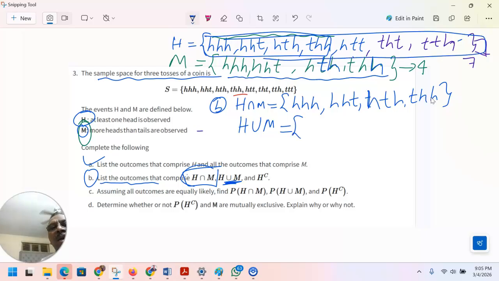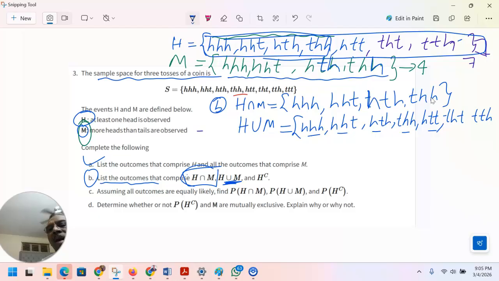So you're putting the first one, everything stays the same. Like HHT, HTT, THT and TTH. You can see there are 1, 2, 3, 4, 5, 6, 7. Correct?